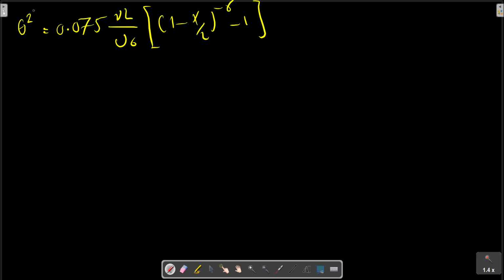So gamma can be calculated as minus this.